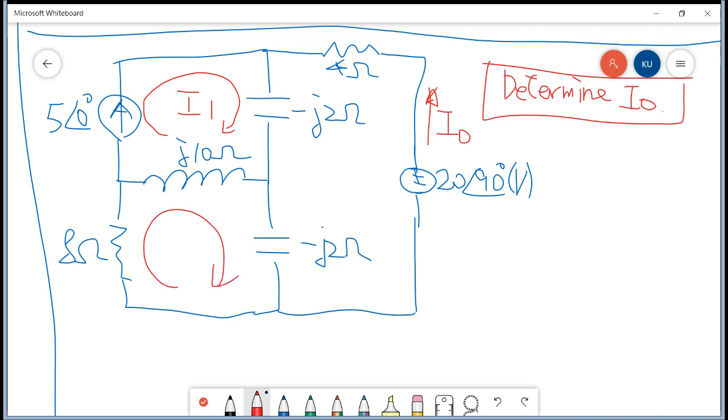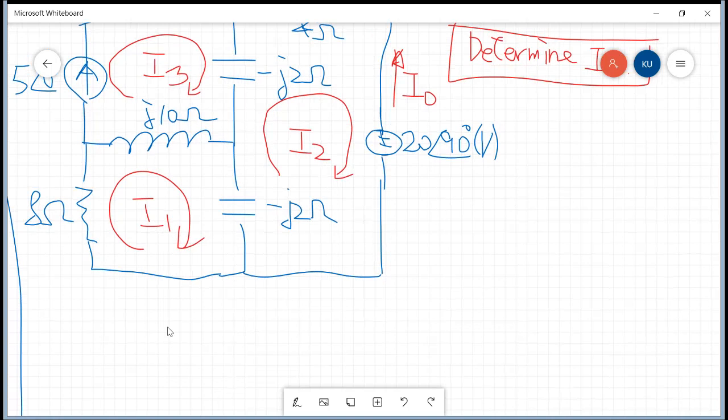No, this is I3. This is I3, this is I1. This is I2, in clockwise direction. So we may try to write the mesh equation.